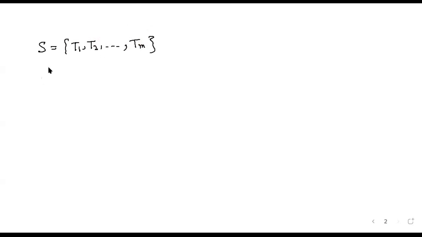This is your set of spanning trees. So corresponding to each spanning tree, you get one vertex. Say you get V1 corresponding to T1, V2 corresponding to T2, and Vm corresponding to Tm, right?